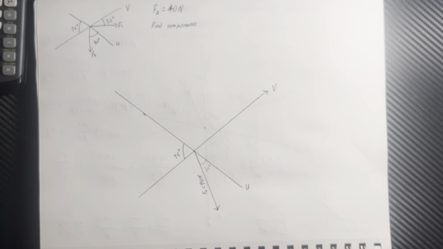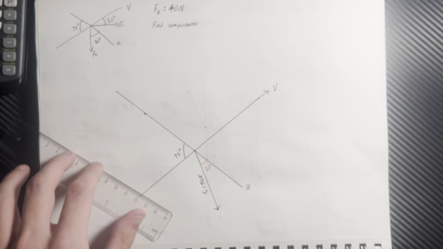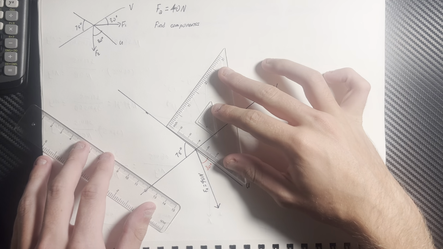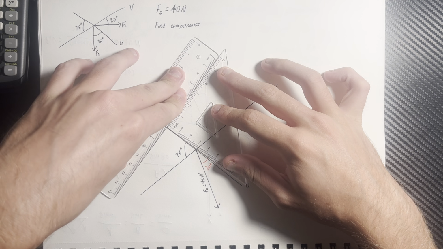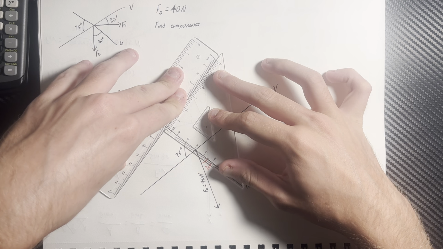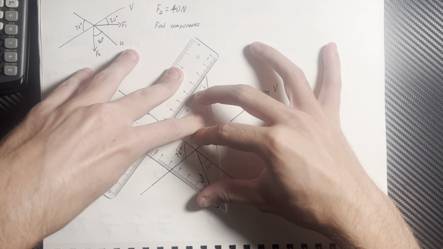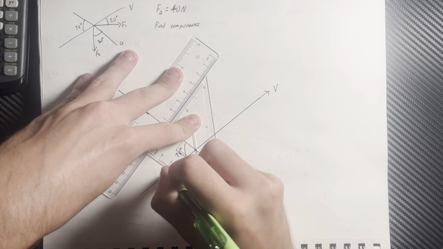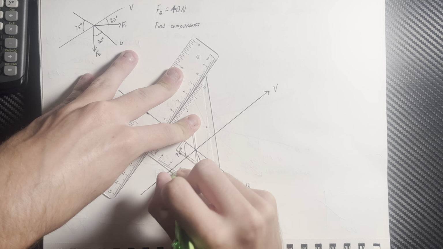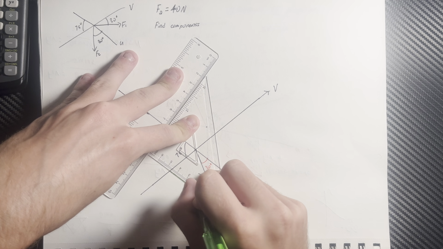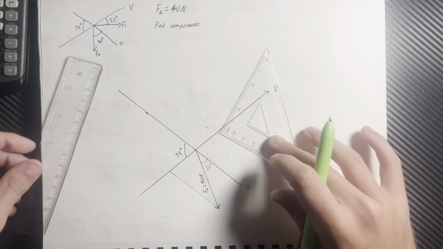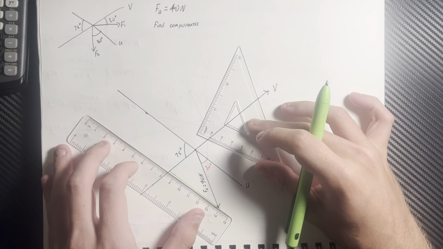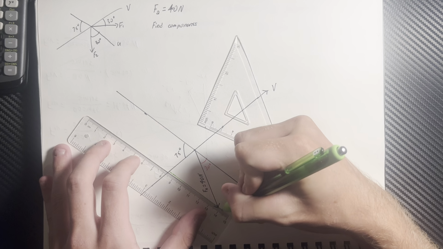All right. So first, I'm going to find the parallel lines here. So we see that the component of U can be written here. I'm actually going to extend that a little bit further.